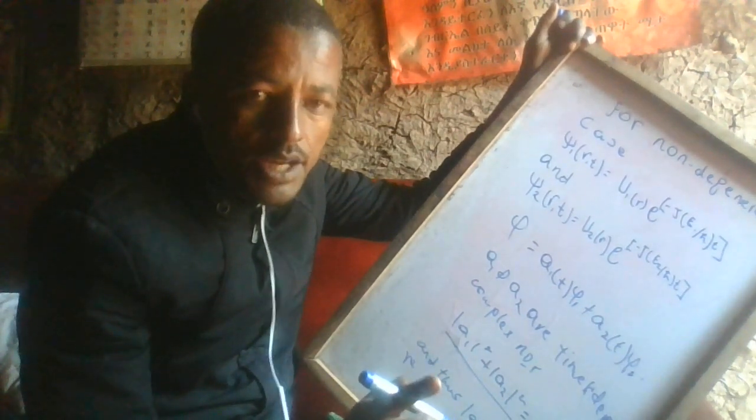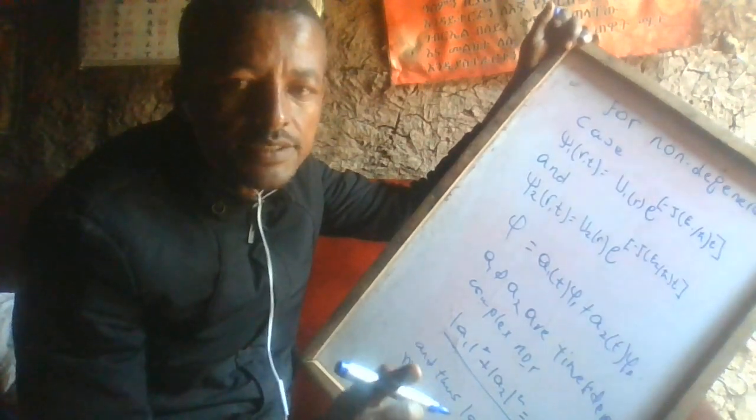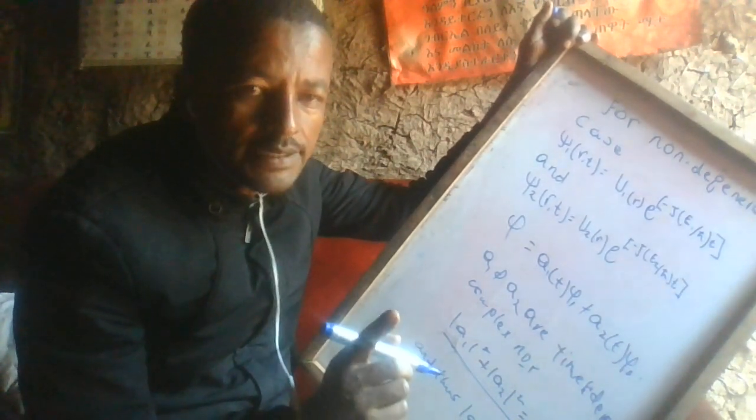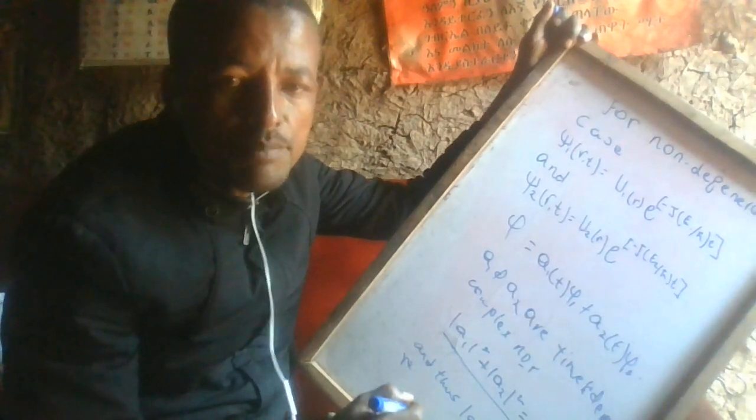To understand how spontaneous emission arises, let us calculate the electric dipole moment of the atom, mu, according to quantum mechanics.